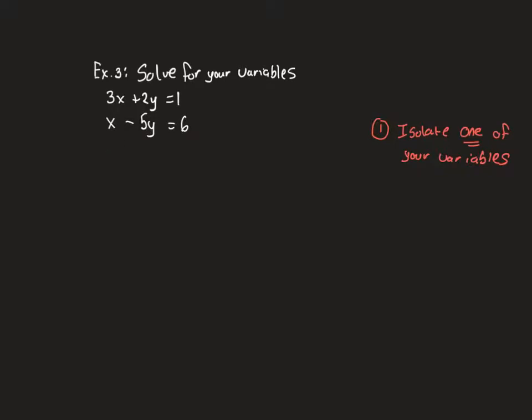Okay, so taking my second one here, I'm going to go x minus 5y is equal to 6. So I'm going to add 5y to both sides because I'm choosing to isolate this x, which should give me x is equal to 6 plus 5y. So my x is isolated.